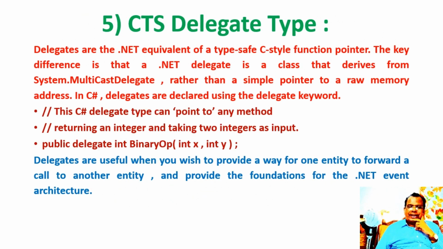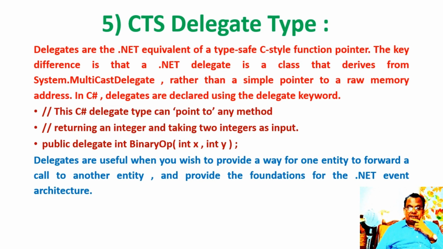Now we are considering the last type, that is 5, the CTS delegate type. Delegates are the .NET equivalent of a type safe C-style function pointer.